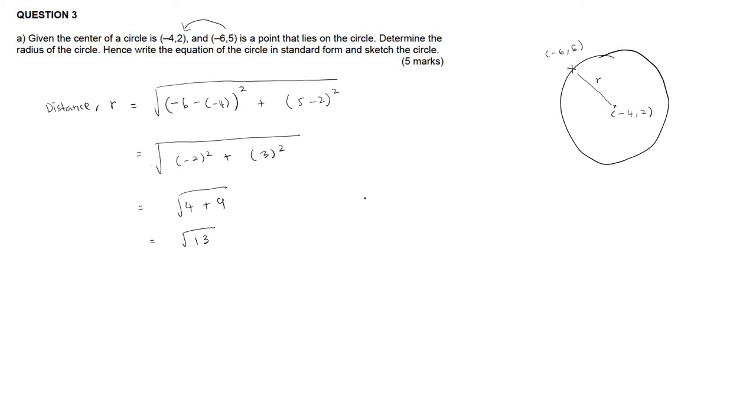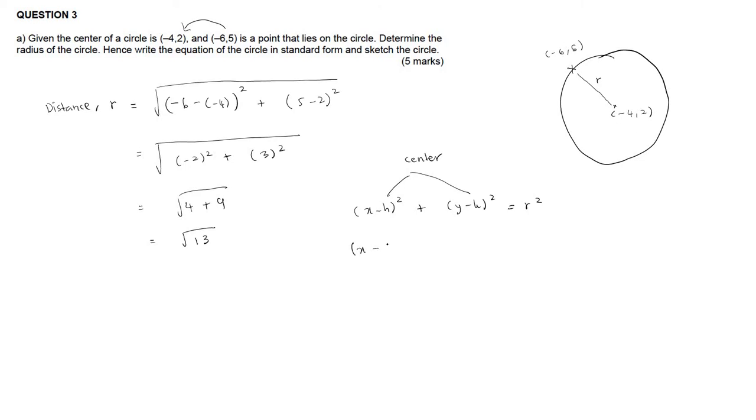Standard form of a circle: x minus h squared plus y minus k squared equals r squared, where h and k are the coordinates of the center. So the center is at negative 4, 2.